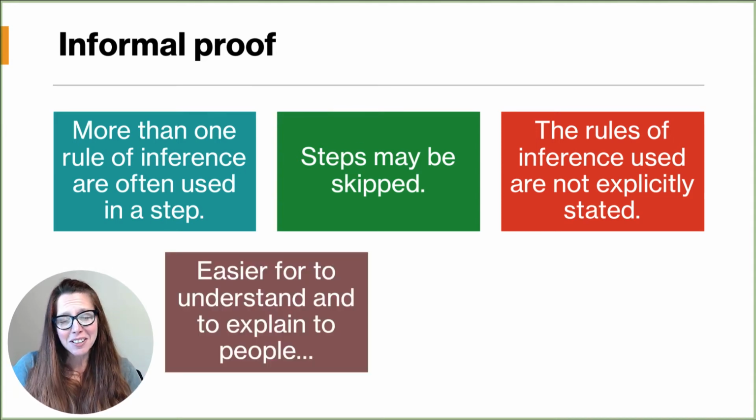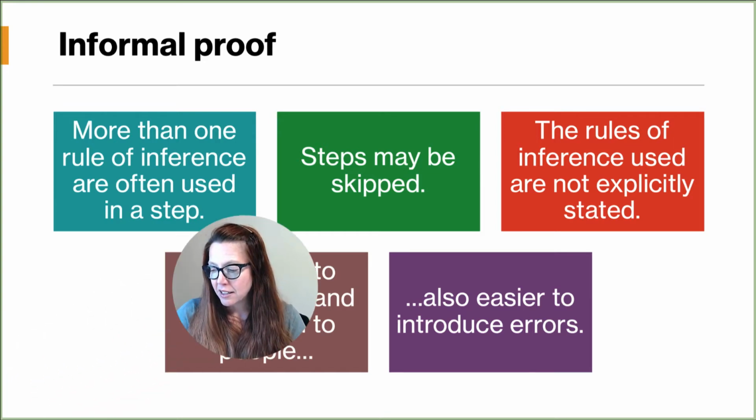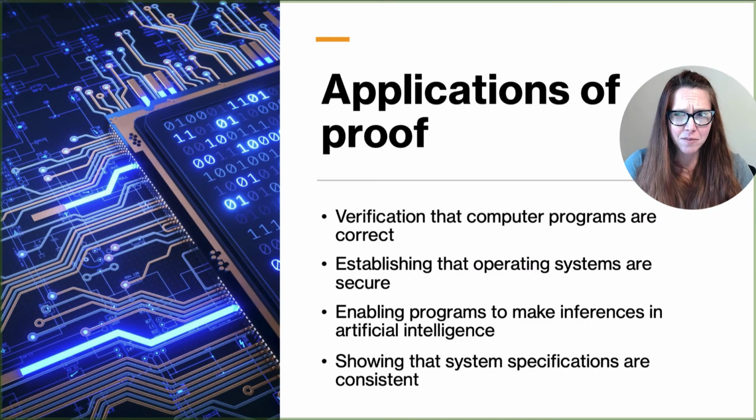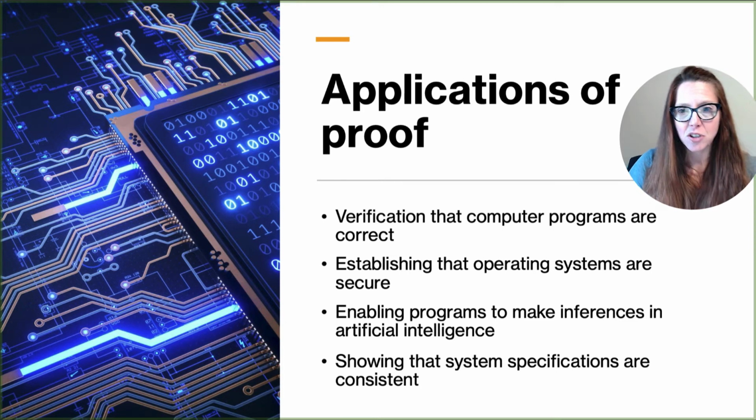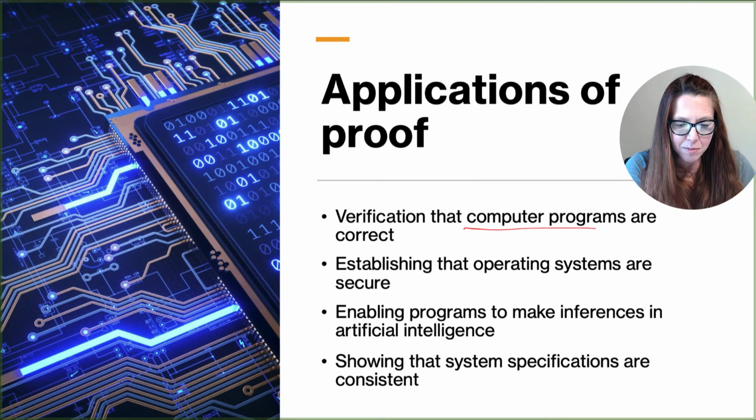It's easier sometimes to understand and to explain to other people, but there's a cost because it's also easier to introduce errors. And the applications of proof, the ways that we use this information, it's really important to get this piece right. So it comes out in verification of computer programs. So making sure that the code that we're creating is legitimate and it's doing what we expect.